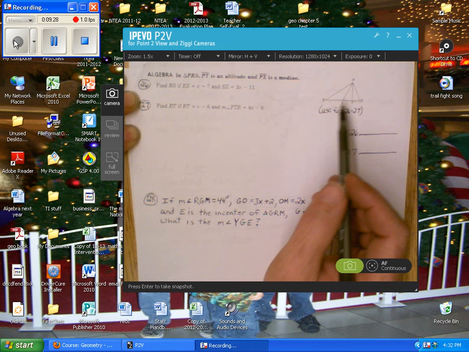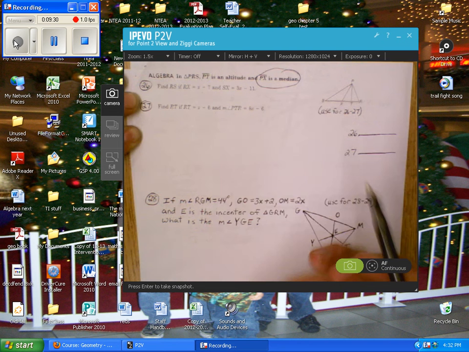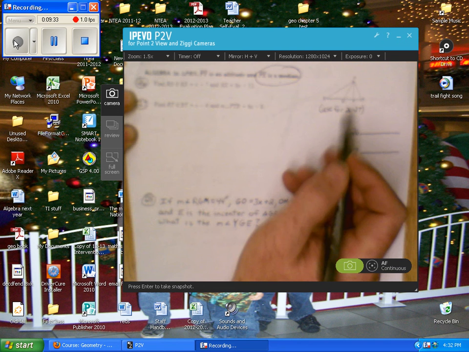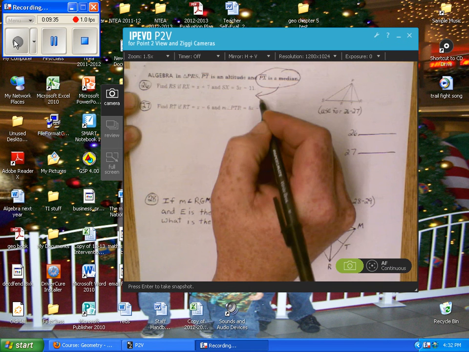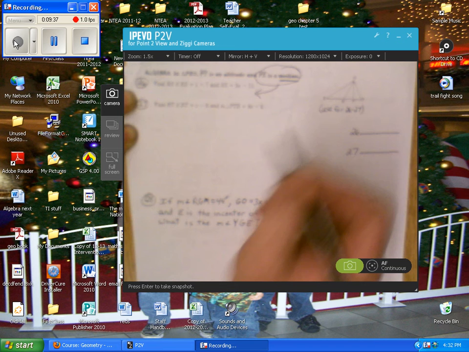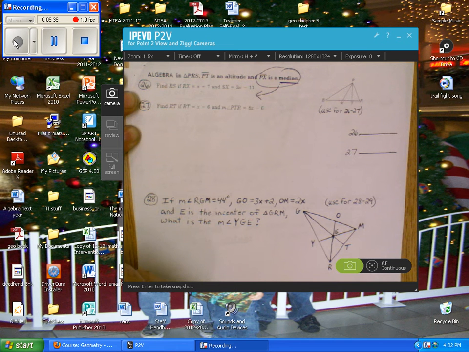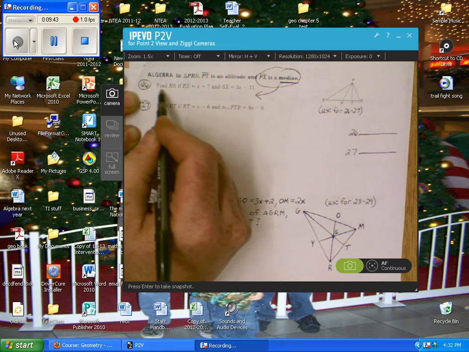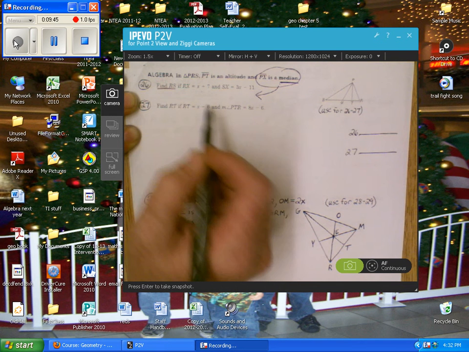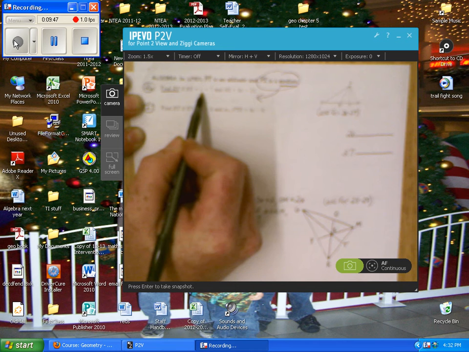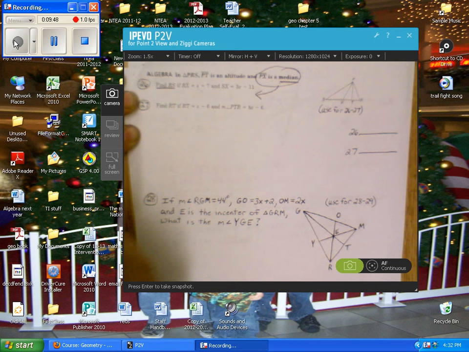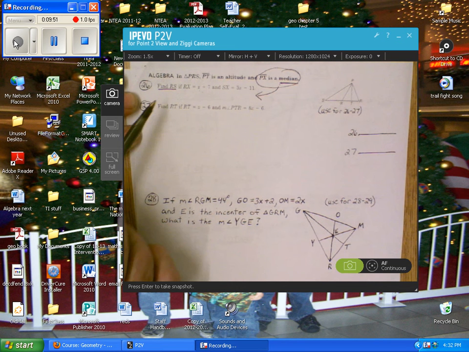And up here they told us that PX is a median. So that's what you're going to use for 26. You've got to know what that being a median tells you. And then use that, set up an equation, and remember that you want to go back. You're not just finding X this time. You're actually trying to find segment RS.